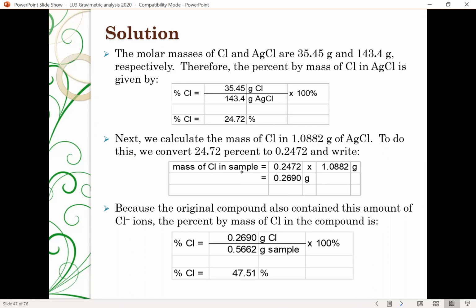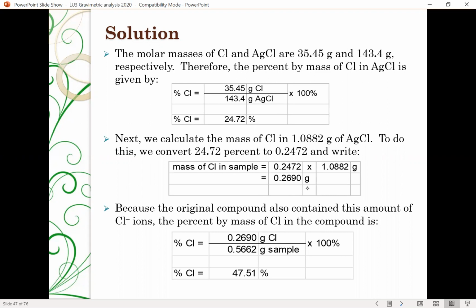It's the same mass of Cl in the sample and the precipitate. It reveals the same number.